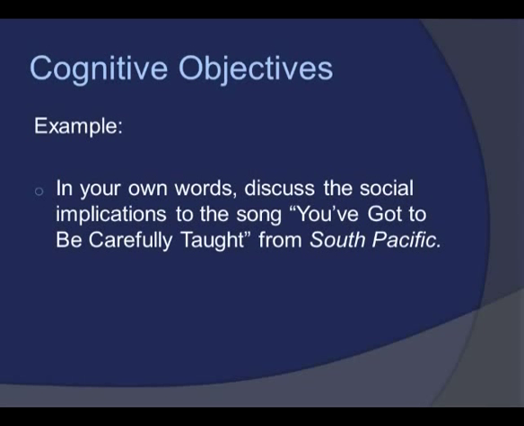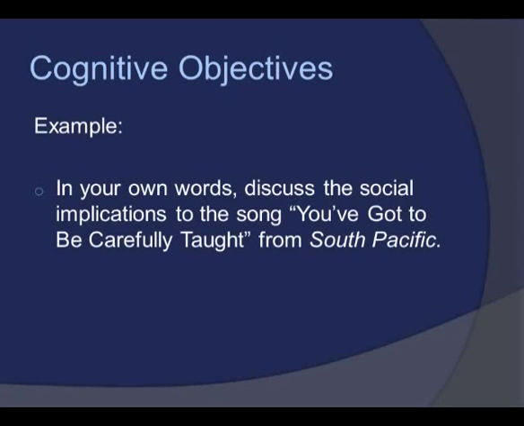Where cognitive objectives are incredibly useful is they allow the students to demonstrate a greater understanding than anything that you would be able to see from a behavioral objective. Behavioral objectives are great in seeing if a student has memorized rote facts, but cognitive objectives, expressing them in their own words, allows the students to play with the knowledge, to re-express the knowledge, and increases their ability to truly understand the information.